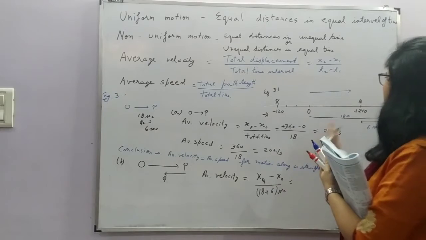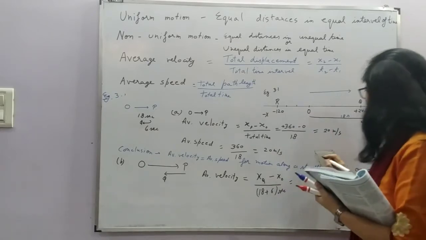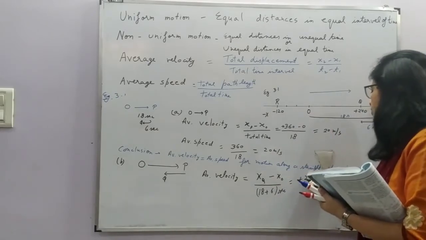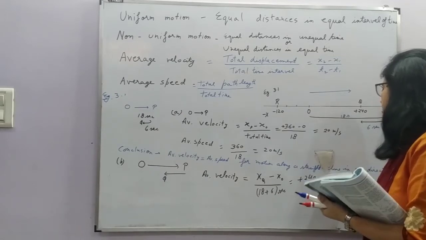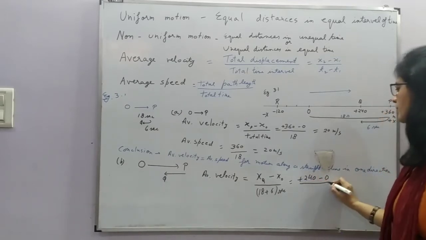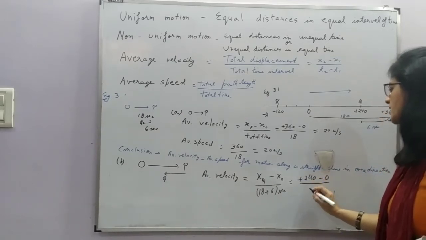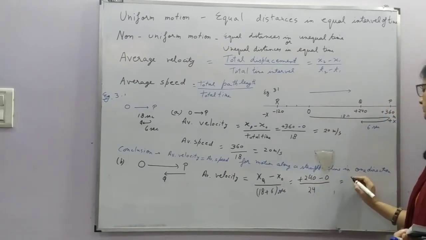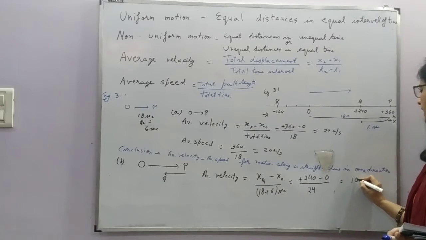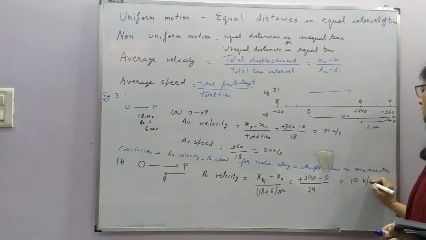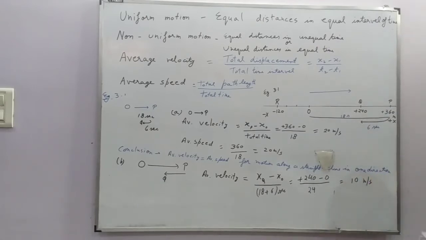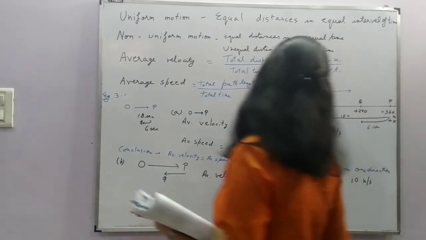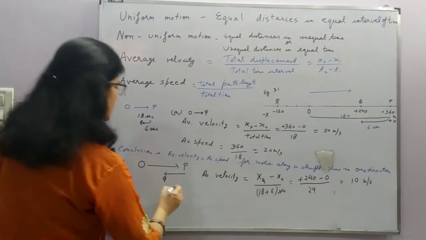So this will give us the position at Q, 240, minus position at O, which is 0, upon 18 plus 6, that is 24. So this gives us 10 meter per second. So here the average velocity is 10 meter per second.